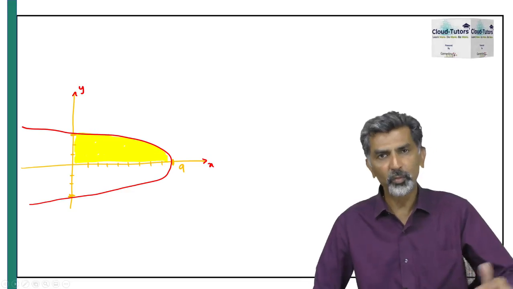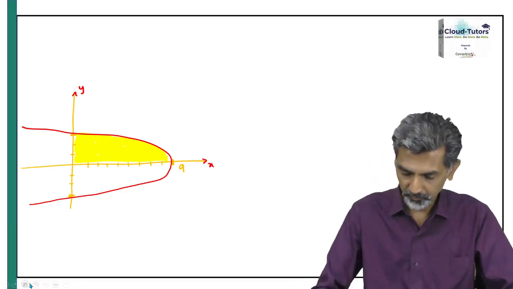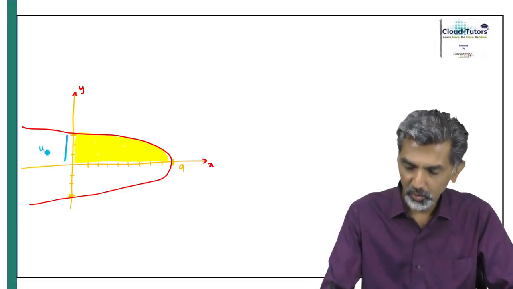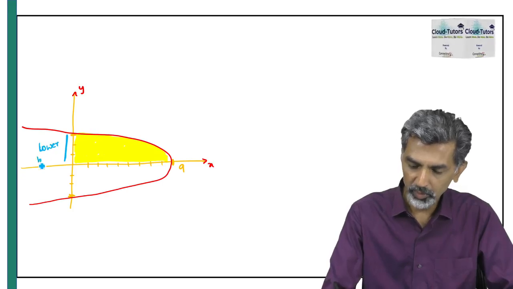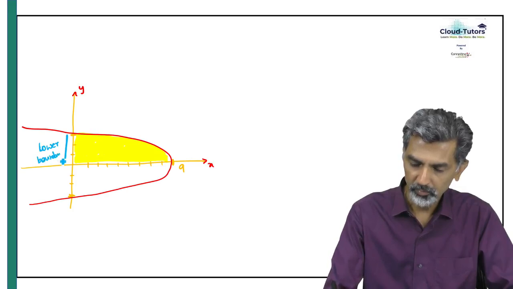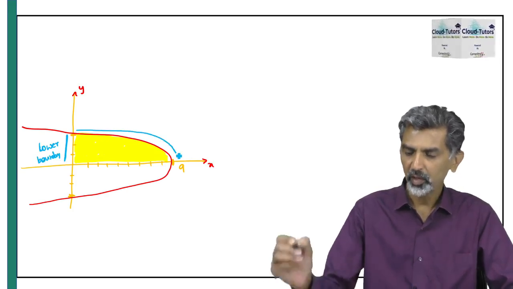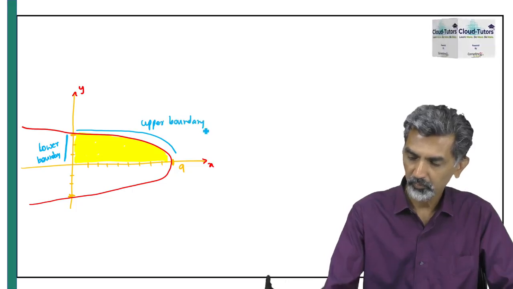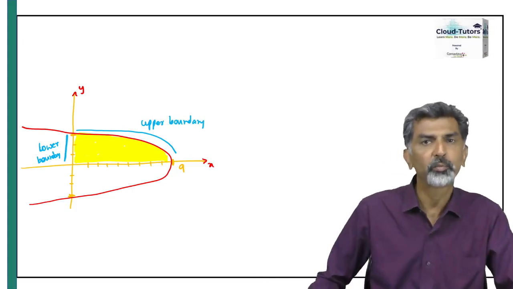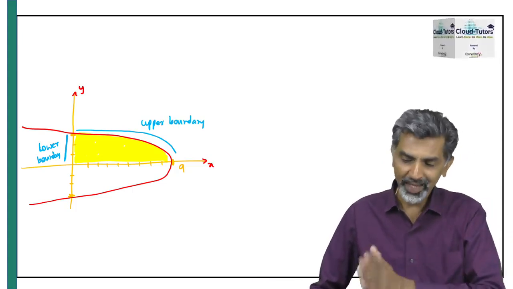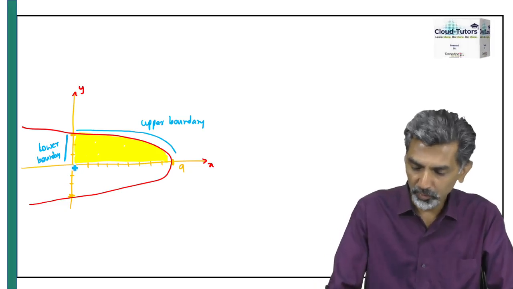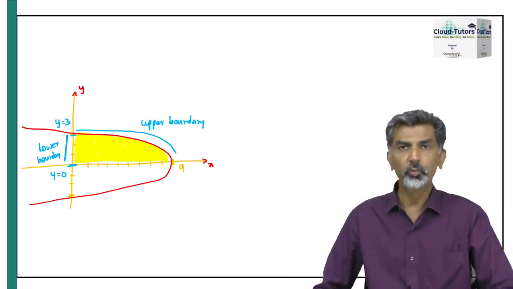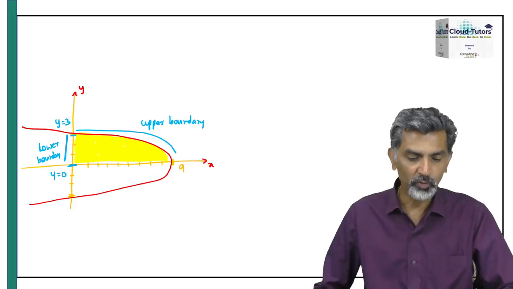Now, if you look at it from a different perspective, you can think of this as the lower boundary and this as the upper boundary. When you look at it from a sideways perspective, so this is the lower boundary, that is the upper boundary, and you can see that y is going from y is equal to 0 to y is equal to 3. So we can rewrite the integral in terms of y.